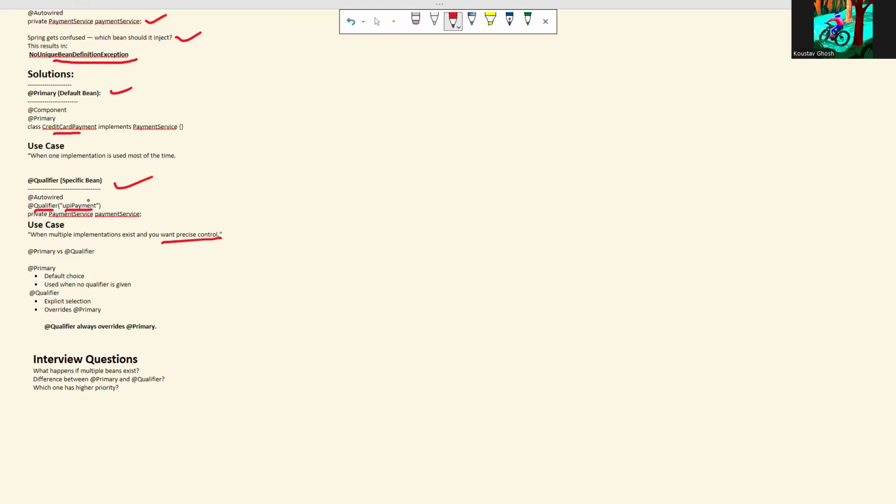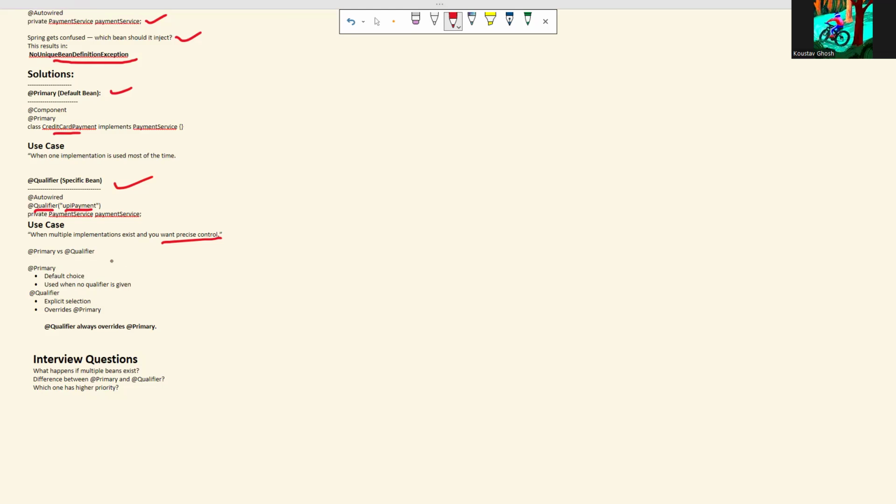Here, as we are specifying the UPI payment, Spring will inject the UPI payment specifically. If instead we specify the credit card payment and configure it through the application properties or application YAML, then the credit card payment will be injected specifically.